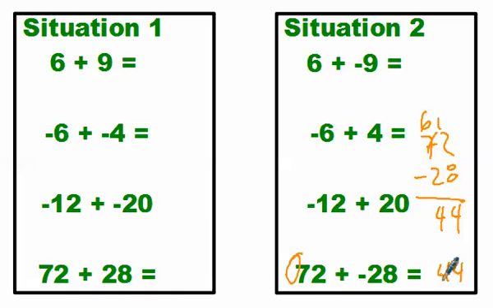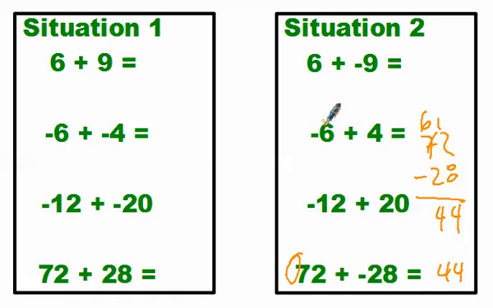So for my algorithm for adding when the signs are different, what I did is I subtracted the two numbers. I subtracted the number that's closer to 0 from the number that's farther from 0. Once I subtracted, I went back and I looked at what number was farther from 0. Was it positive or negative?